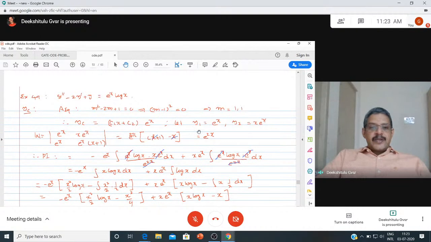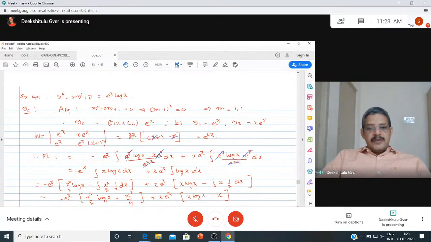So use this Wronskian to find the particular integral, which is equal to minus y1 integral of y2, that is x e power x, into the given function e power x log x by the Wronskian e power 2x, plus y2 into integral of y1, that is e power x, into the function e power x log x, by the Wronskian e power 2x.